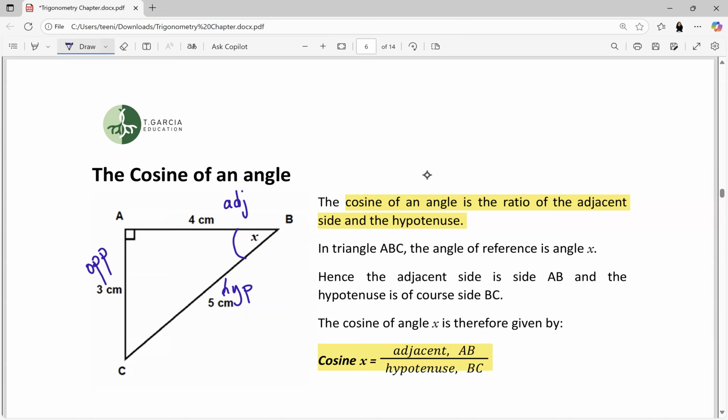Now, if we want to use the cosine of the angle, we need to recall that the ratio of cosine is equal to the adjacent over the hypotenuse. So we write cos x is equal to the adjacent side, which is 4 centimeters, so 4 goes on the top, over the hypotenuse, which is 5.